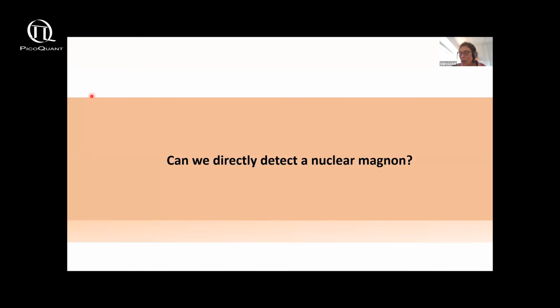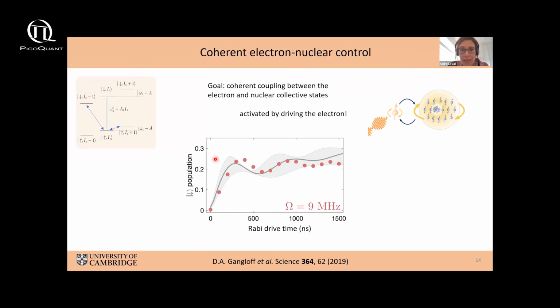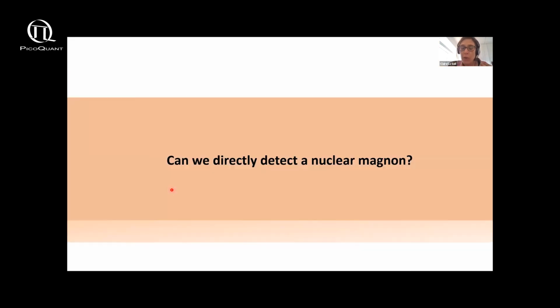Right, so now I will tell you about what we have done during lockdown, or should I say before lockdown. The next question is, until now we've inferred nuclear spin flips just from looking at the population of the electronic state. But the question I want to answer now is, can we directly detect a nuclear magnon? So what do I mean by that?